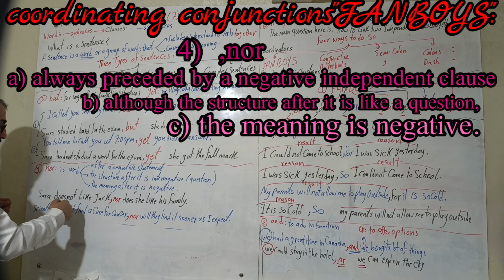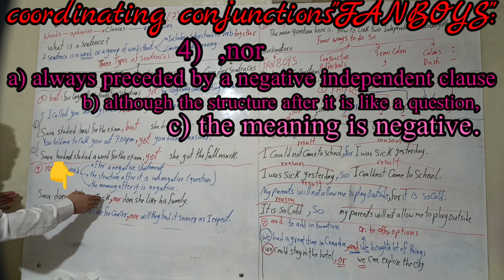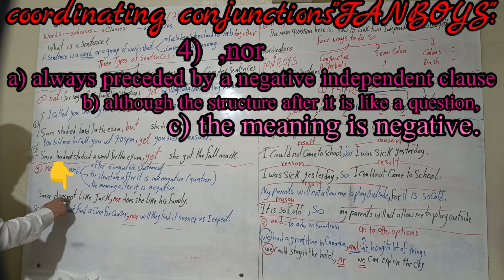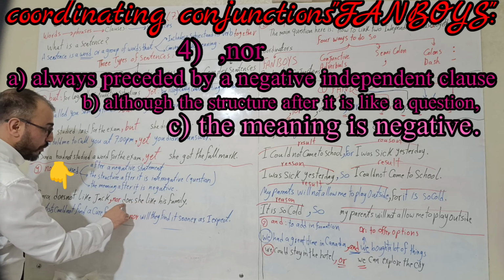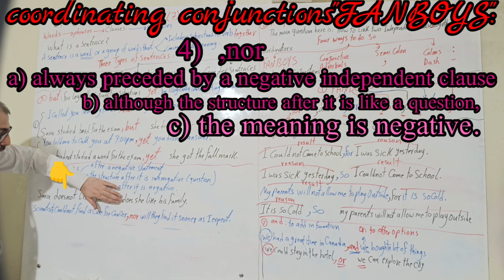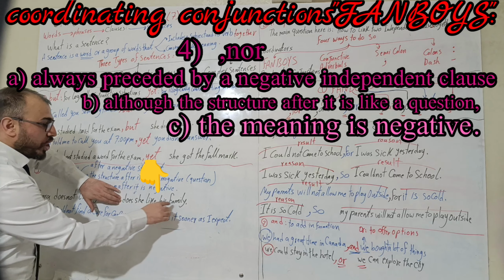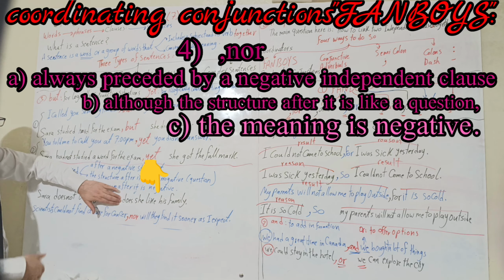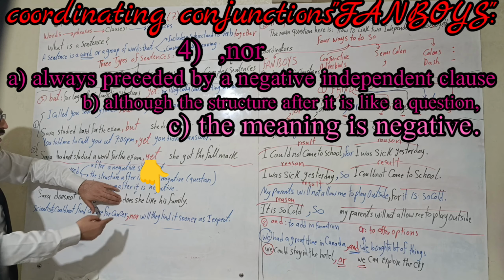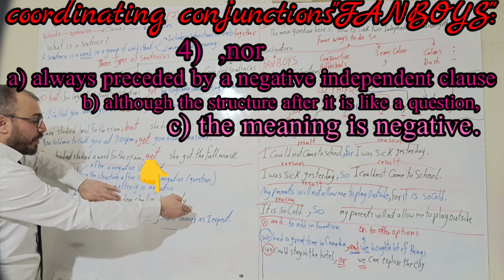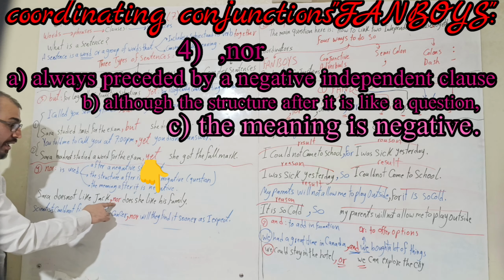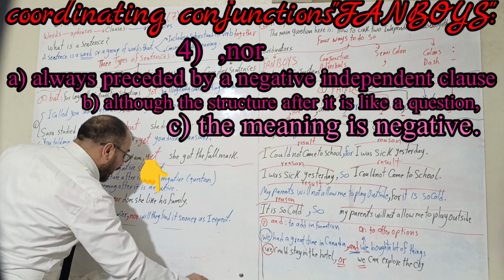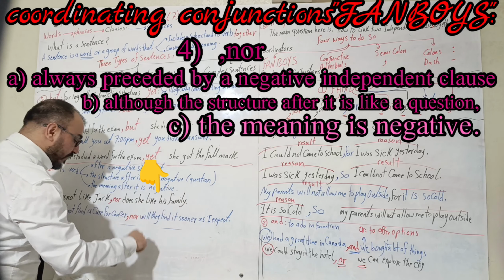In the first sentence, my friends, you can notice that the independent clause is a negative statement. Here, after it, we use the question. If you put your hand here, does she like his family? You expect a question here. Does she like his family? This is a structure of a question, but the meaning, my friends, as long as nor is here, is that this is negative too.